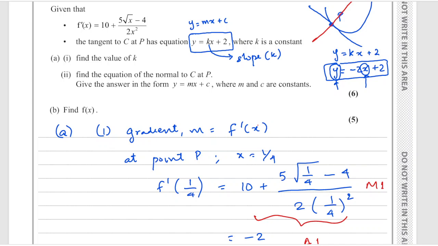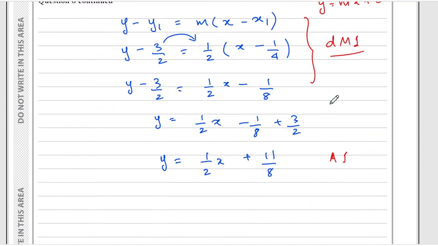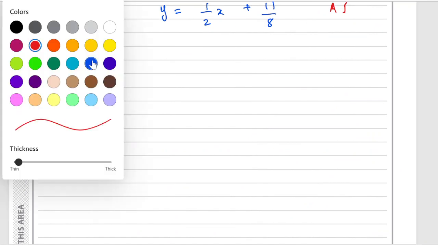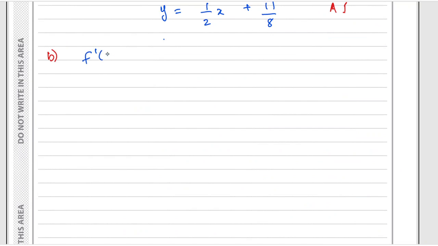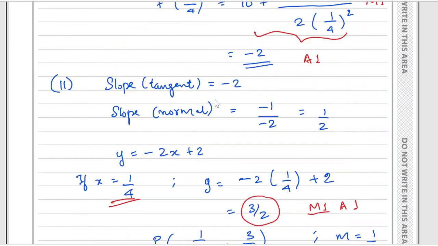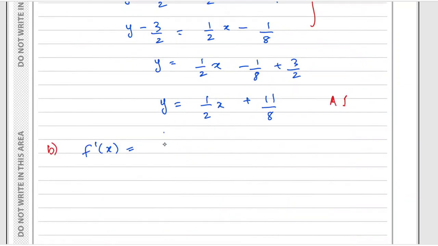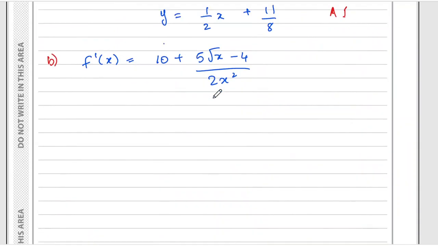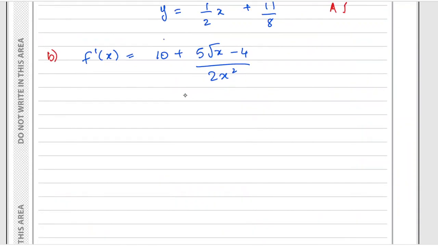So we have the derivative function being equal to 10 plus 5 root x minus 4 divided by 2x square. Okay, so I can just split out these two terms.